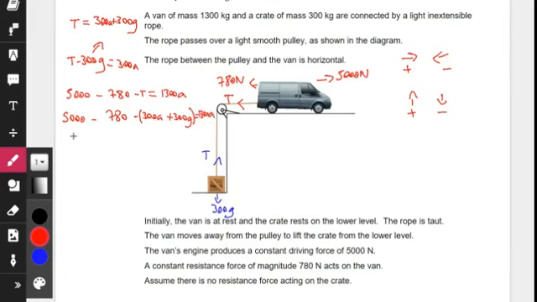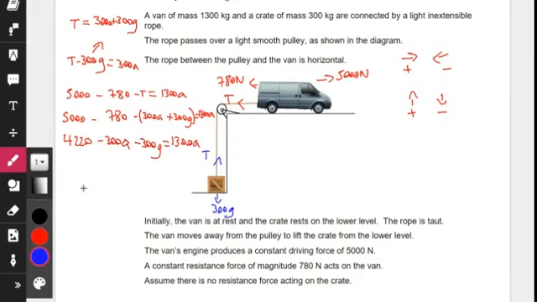I'm just going to use a calculator on the phone. So 5,000 take away 780 is 4,220 minus 300a minus 300g equals 1,300a.